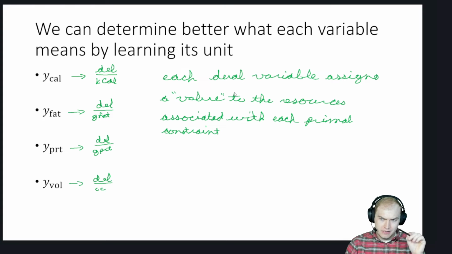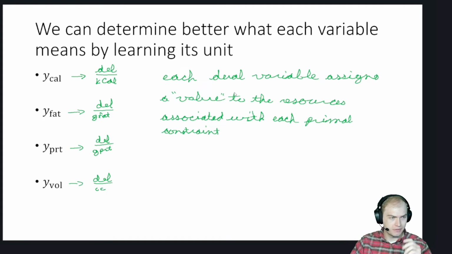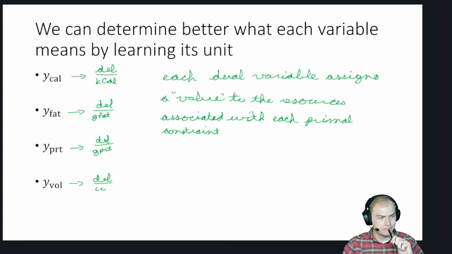So what these dual variables, what their optimal solution tells us, is how valuable having extra fat allowance is.